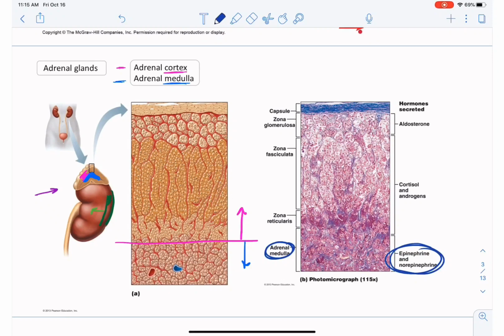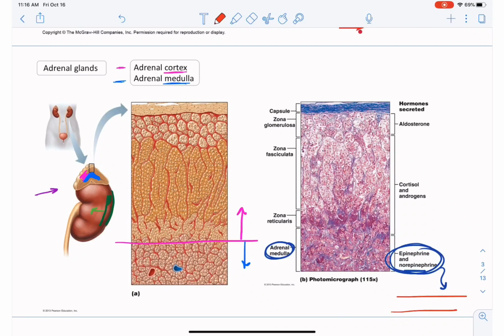We find these in the nervous system, and specifically the sympathetic nervous system releases norepinephrine onto effector organs to stimulate the fight or flight response. But what's going to happen in this case is that epinephrine and norepinephrine are going to be released into the blood. And because they're released into the blood and they're circulating around to act on target organs, they're considered a hormone.